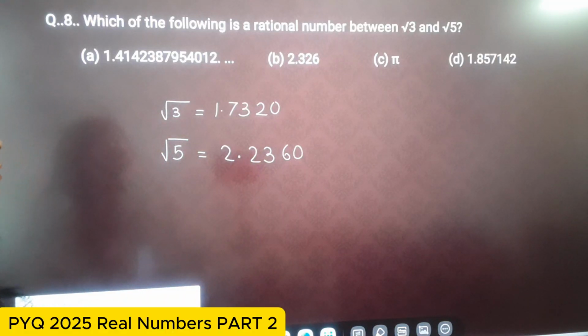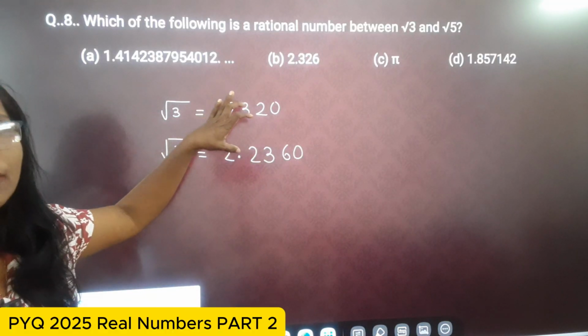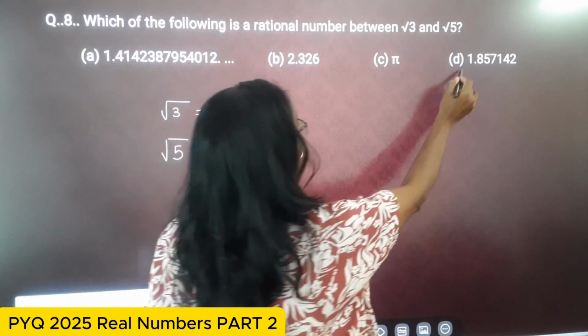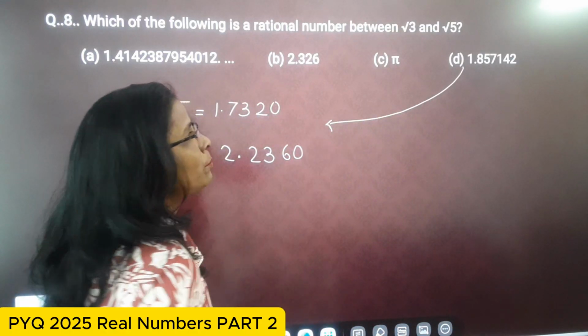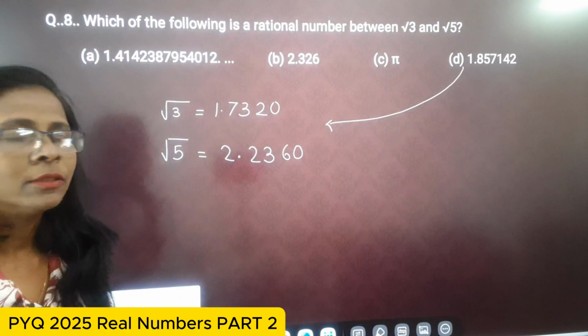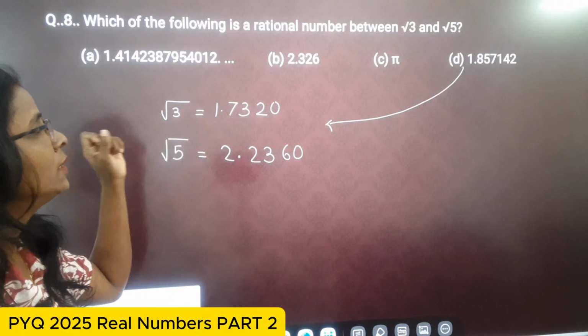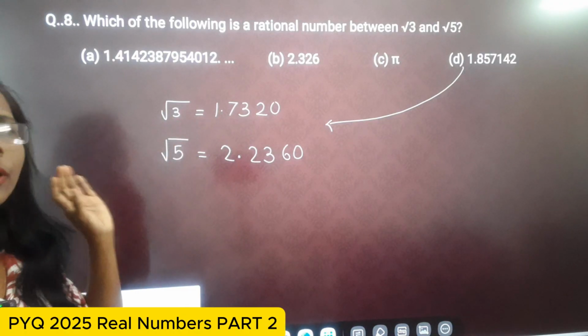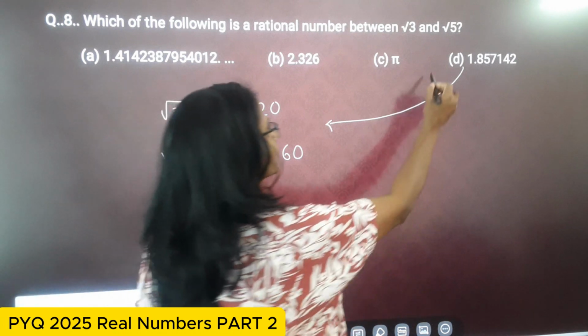If you observe, a number in between these two numbers is 1.8571.